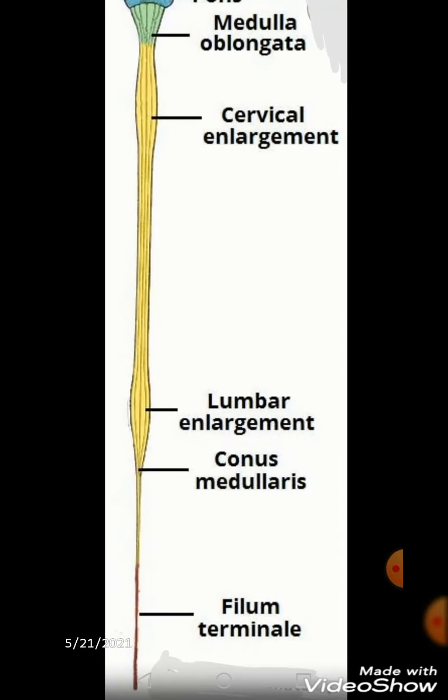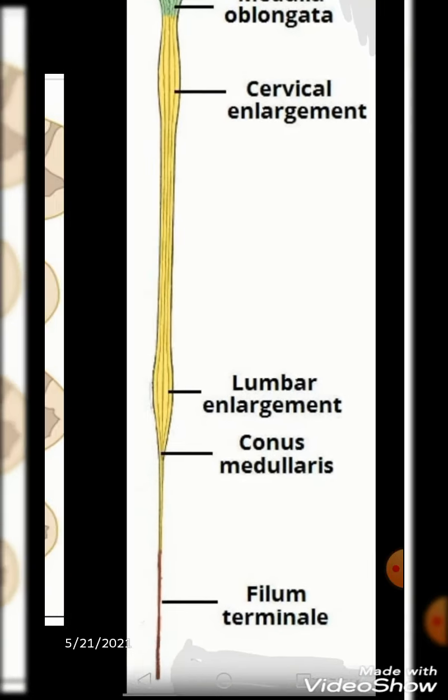Now we can see that from the conus medullaris, a prolongation of a fiber-like structure, the pia mater, comes down as a thin fibrous coat, right?